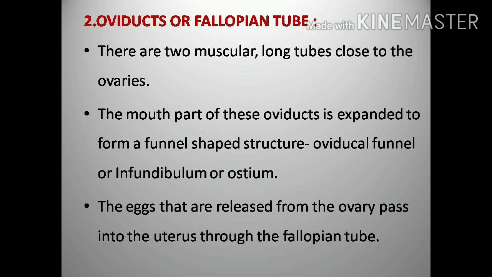Next part, oviduct. It is called the fallopian tube. A pair of narrow muscular long ducts extend from each ovary to the upper part of the uterus. There are two tube-like or duct-like structures, starting from the ovary region and joining into the upper part of the uterus.